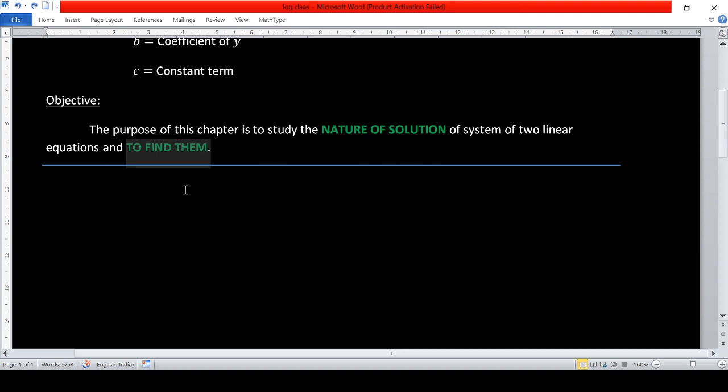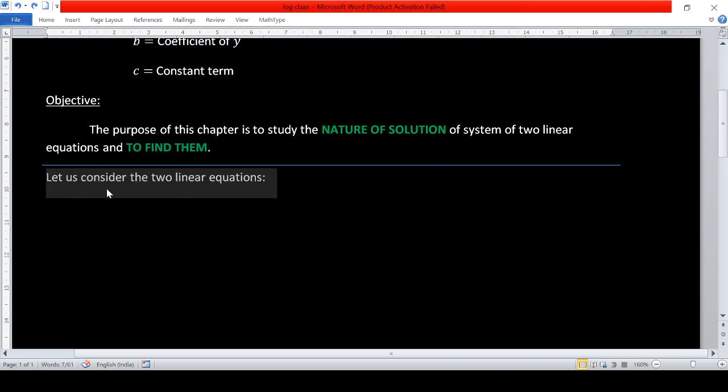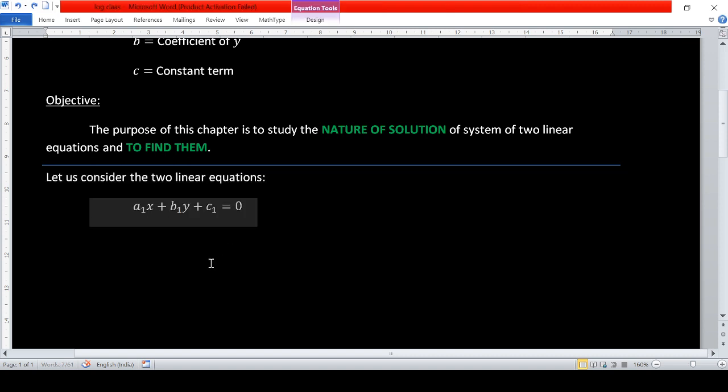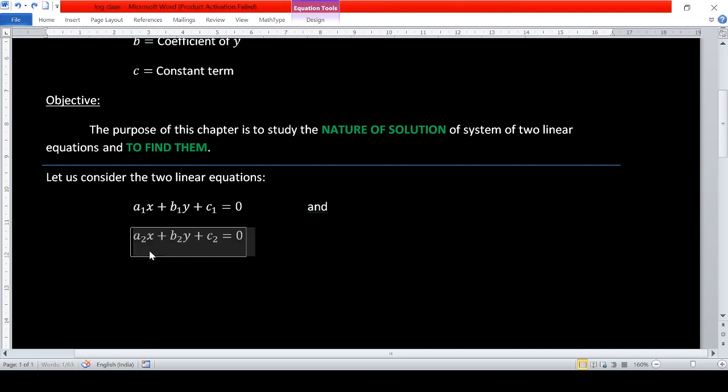Next, let us consider two linear equations. The whole chapter, all the formulas, we are going to derive through the following equations. The first equation is always taken as a1x plus b1y plus c1 equal to 0, and the second equation a2x plus b2y plus c2 equal to 0.